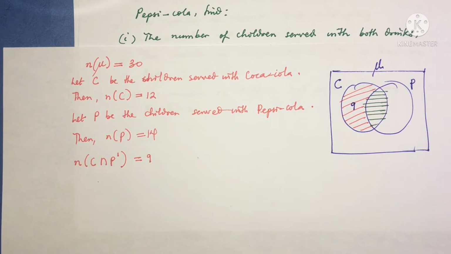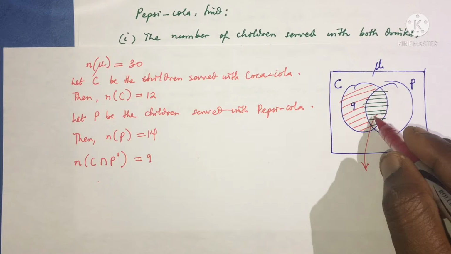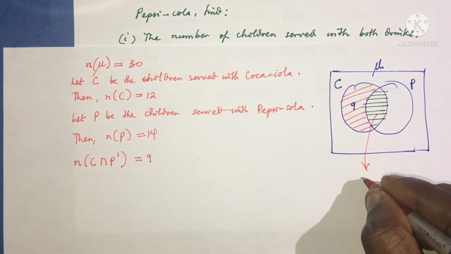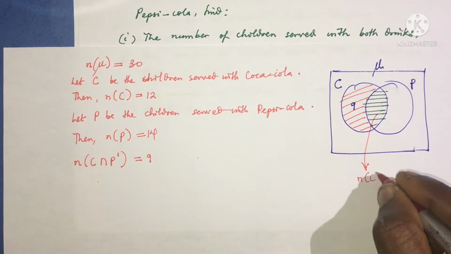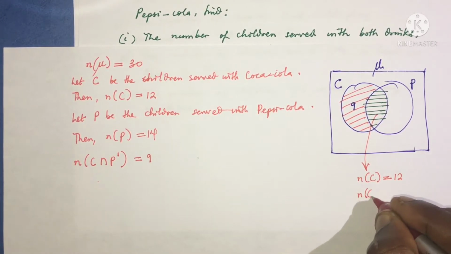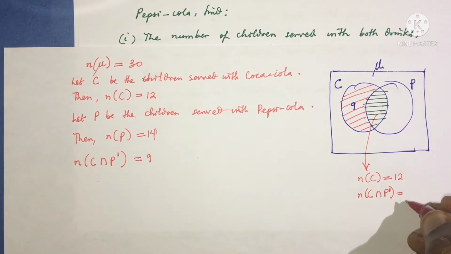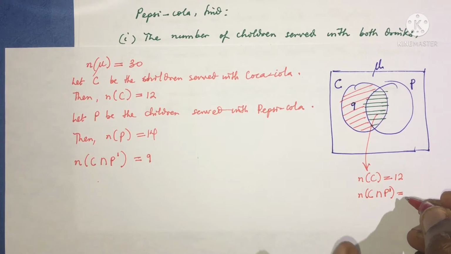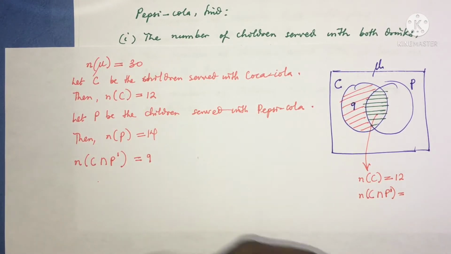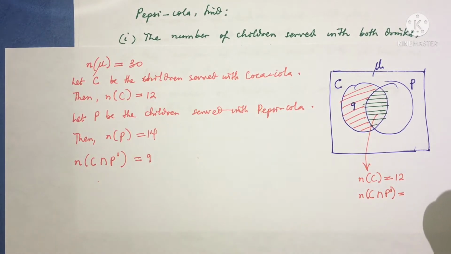If the total who drank Coca-Cola is 12, that is if nC is 12, take note, those who drank only Coca-Cola is different from those who drank Coca-Cola, because those who drank Coca-Cola consist of those who drank only Coca-Cola and those who drank both.